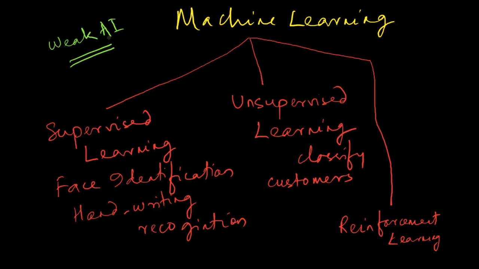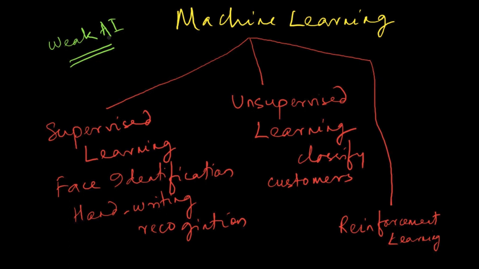Hi folks. As you already know, there are three paradigms of machine learning, which are supervised learning, unsupervised learning, and reinforcement learning. So supervised learning, as you know from another video, is about learning the functional relationship between the input and the output.